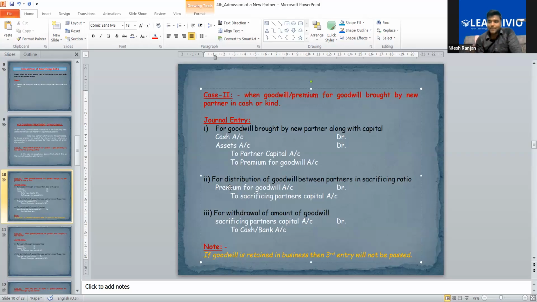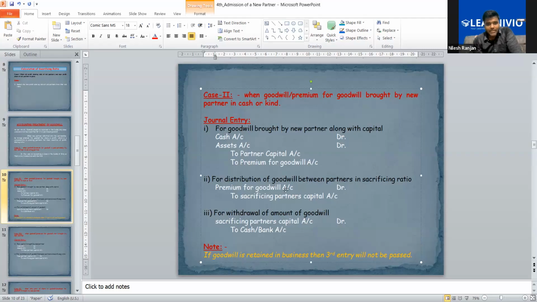Sometimes you will see that one of the existing partners is also gaining in an admission chapter. So in that case, the entry will be the same: premium for goodwill account debit, gaining partners' capital account debit, to sacrificing partners' capital account. But generally, that situation is very rare. That's why I have not written it in the journal entry.